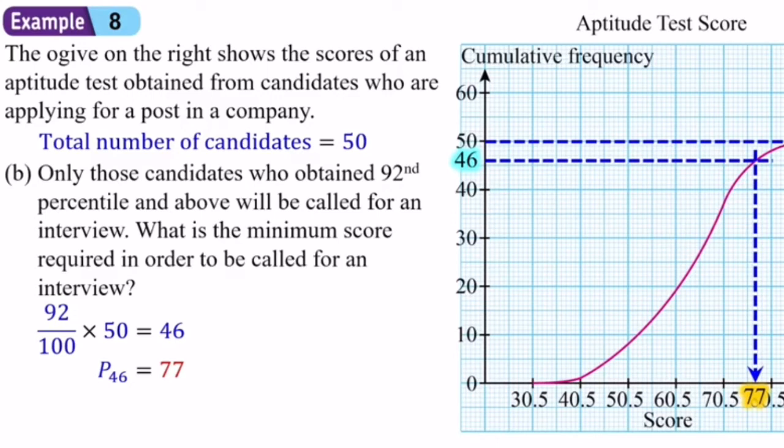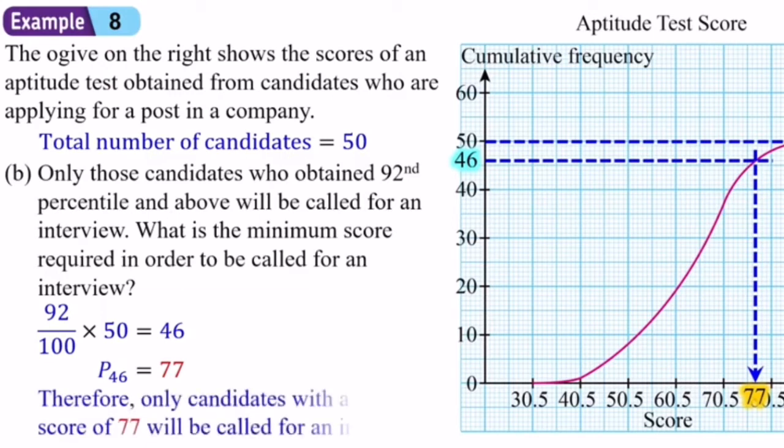So for today's lesson, I have taught you how to read the percentile. So be very careful when you read the percentile. You always have to take the percent times the total frequency first to find out the cumulative frequency, and that enables you to find out the minimum score required in order to be called for an interview, which is 77.5 marks, right?